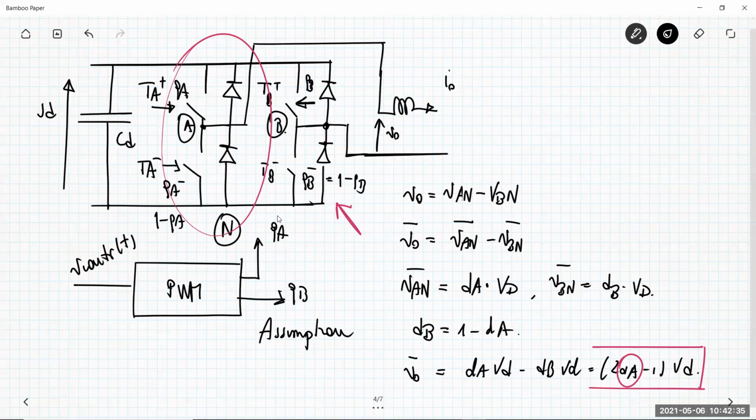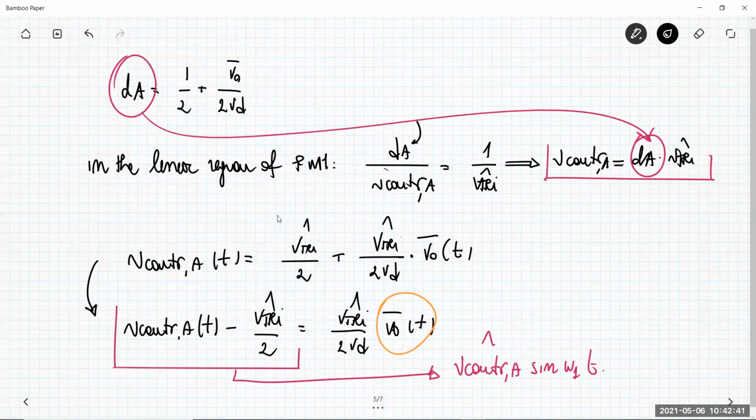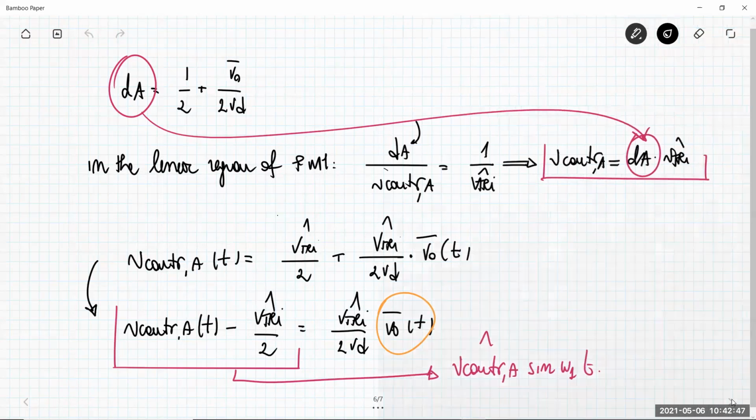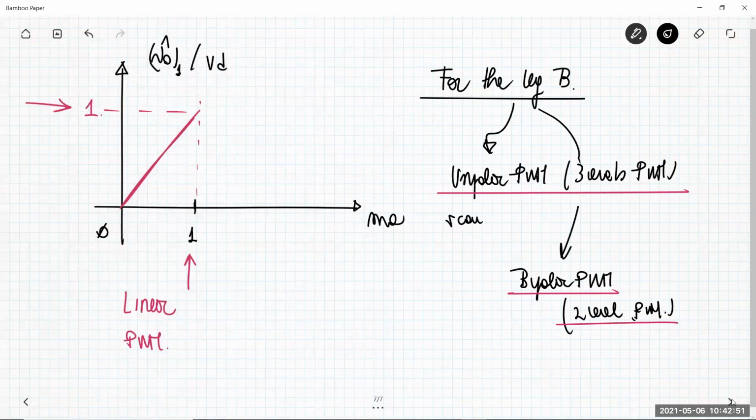So we need just one control voltage instead of having two different control voltages. Typically I have the control voltage for the leg A, and I'm using this control voltage as a total control voltage. The total control voltage I need is the control voltage of the leg A.